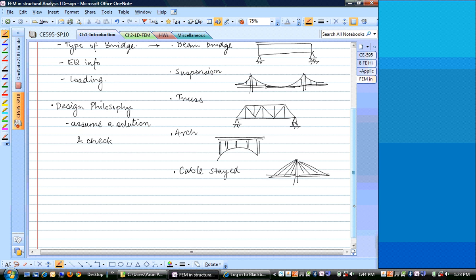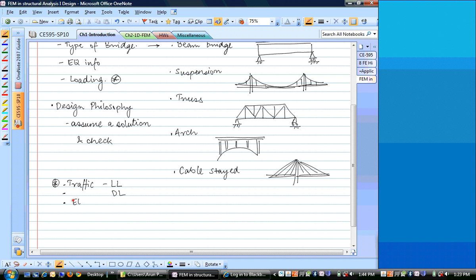So next thing that we are concerned about as a structural engineer is loading. So what types of loadings can we encounter for bridges? Traffic, that's live load. Obviously, if there is live load, there's going to be dead load.